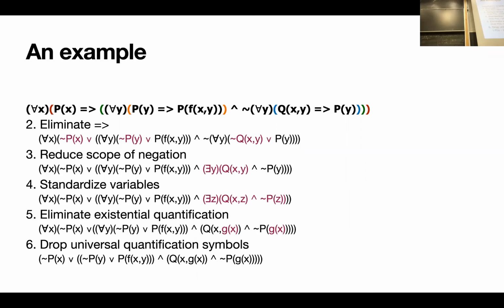This Y is a different Y, bound by a different quantifier. It's written with the same symbol, but they're actually different variables with different bounding ranges. So as a result, it makes it more clear if we rename it. So that's why we rename it.